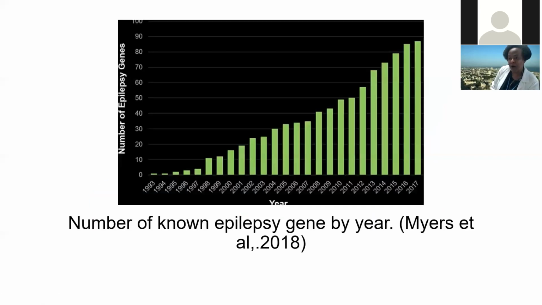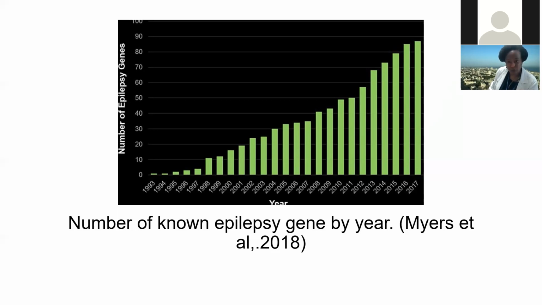Another way to show you how the landscape has changed is the number of epilepsy genes described by year. We can see that in 1993, there were very few, but in 2017, we have more than 80 genes clearly recognized that cause epilepsy.